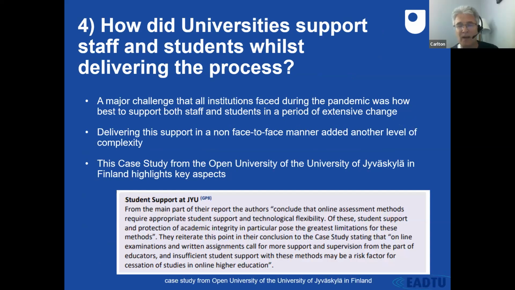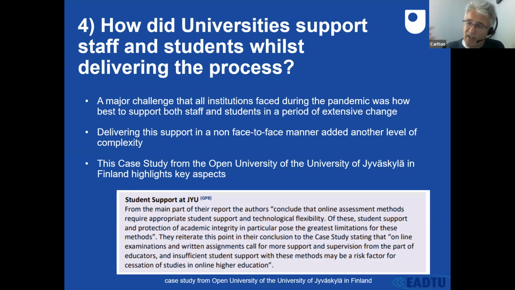And the other bit that came out, which was perhaps unexpected for me in some ways, but when you think about it, I guess it shouldn't have been that unexpected: how did universities support both staff and students whilst delivering all of these changes? It was quite clear that, as mentioned earlier on, in terms of the staff, some of the academics were quite used to delivering stuff online, but a lot weren't.